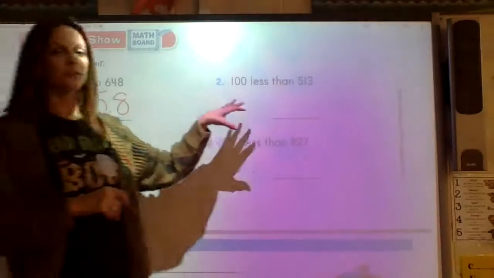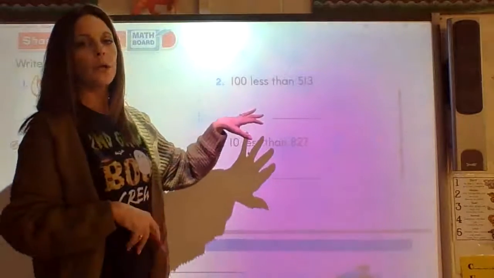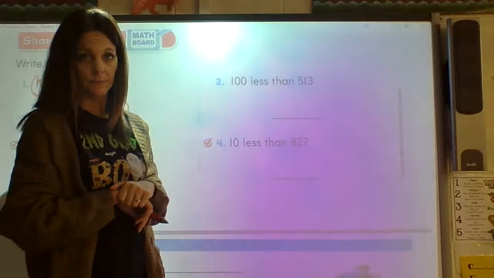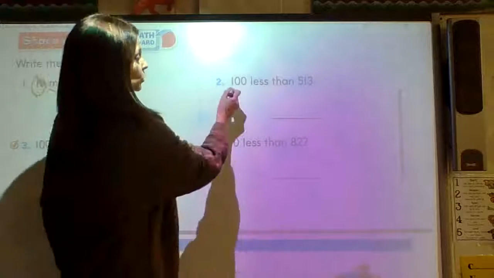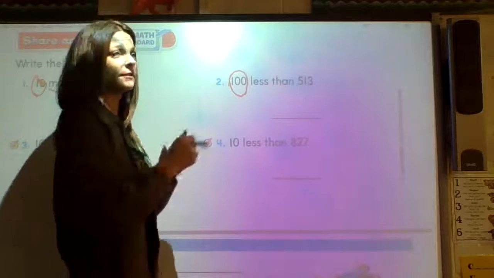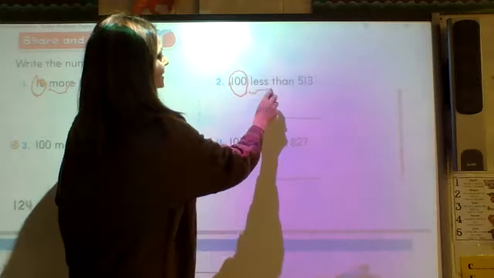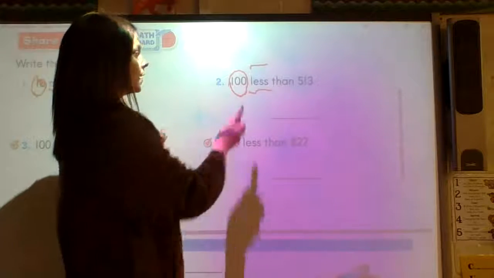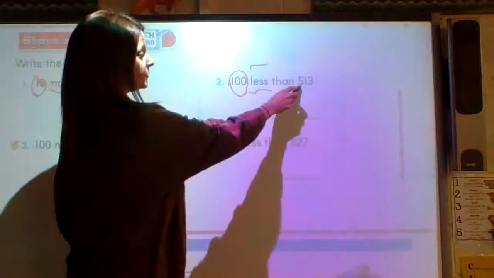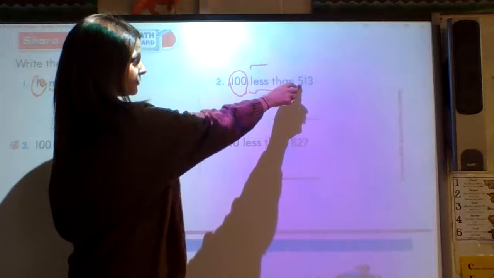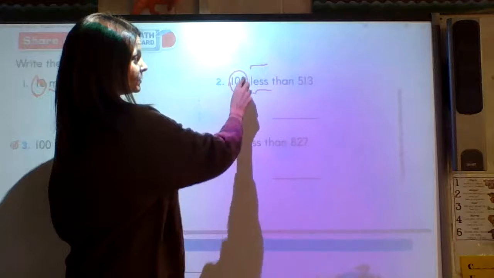Let's try number 2 together. 100 less than 513. Well, I see we're looking at 100. So our hundreds, that helps me know what part of our place value. And less means I'm taking away. So my hundreds place, which is the first thing we come to in our place value when I read this number 513, needs to go down 100.